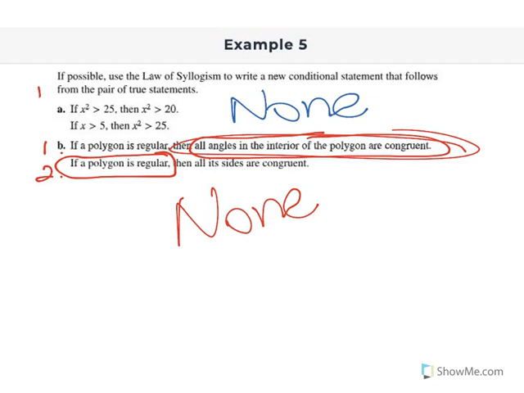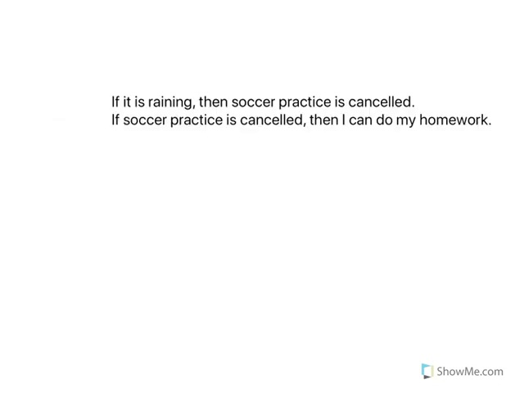Okay, so I just realized I actually don't have an example of one that actually works. So I'm going to create one for us here. If it is raining, then soccer practice is canceled. If soccer practice is canceled, then I can do my homework. So we know this is syllogism. It's asking about the law of syllogism because it's giving us one, two, and because either I've just told you that or the question says so.